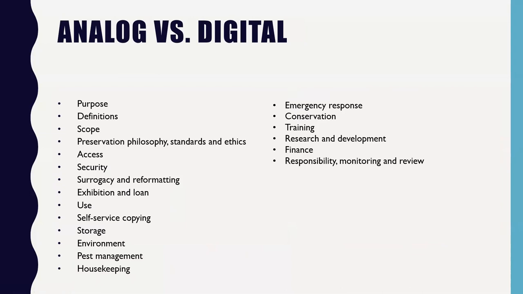So these are all fields that the British Library feels should be included in a preservation policy. So obviously this is much more detailed and much more involved than the preservation policy that we just looked at. So this is, at least to me, kind of edging into the complexity of even a program.